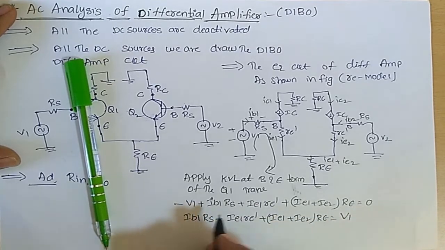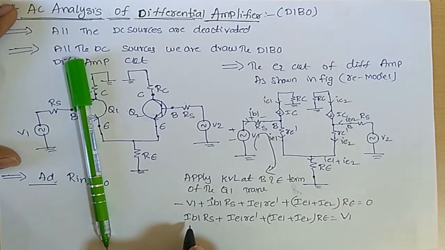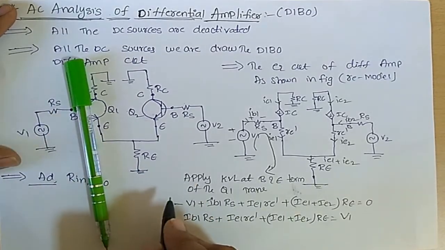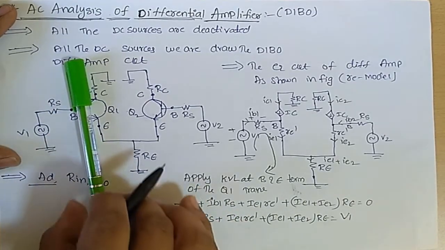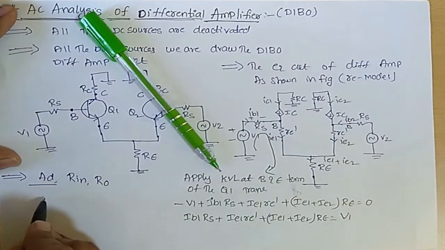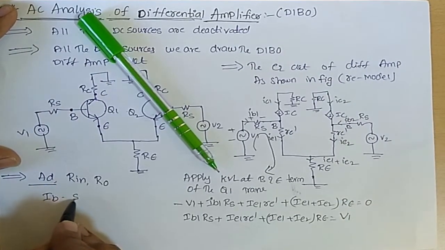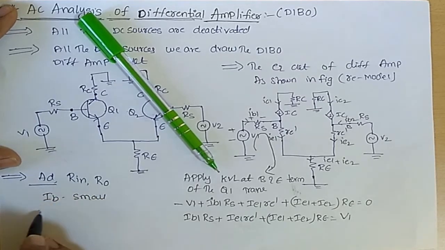We know that this base current can be expressed in terms of the collector current. In this differential amplifier we consider the assumption that IB is small, therefore IE is approximately equal to IC.